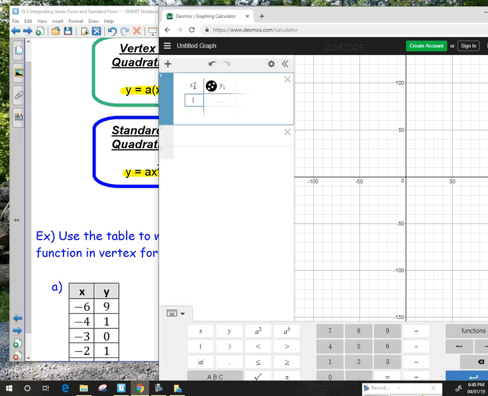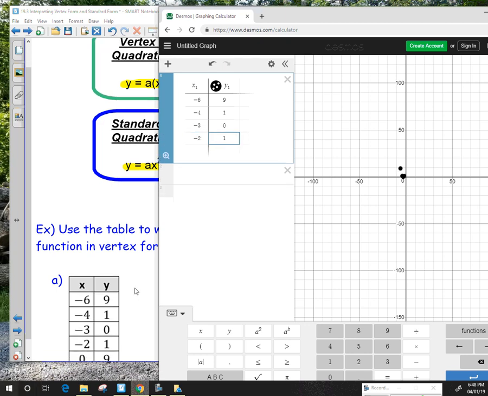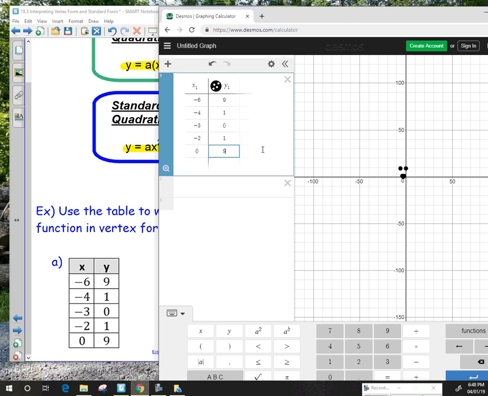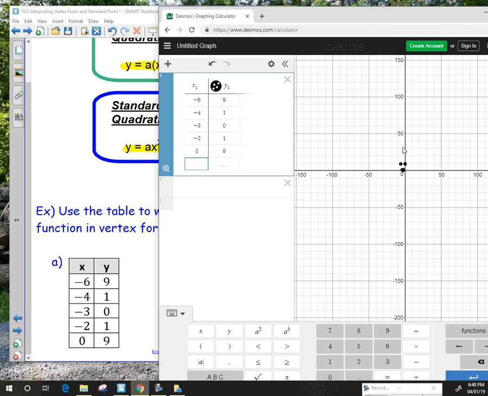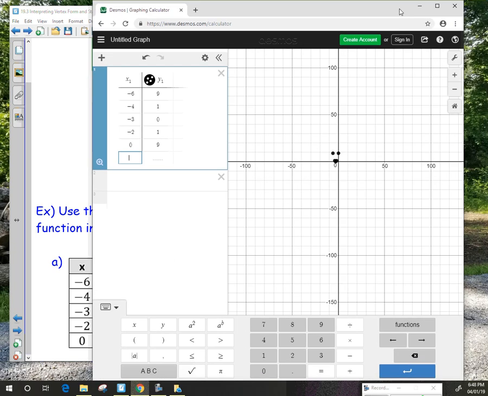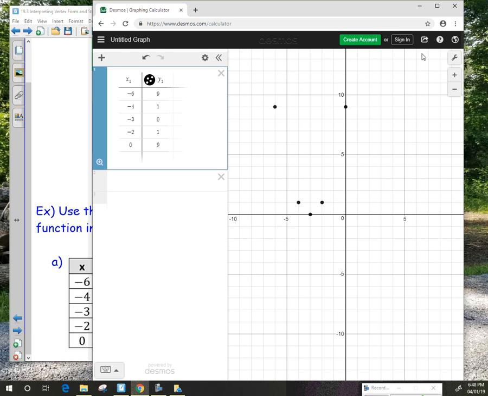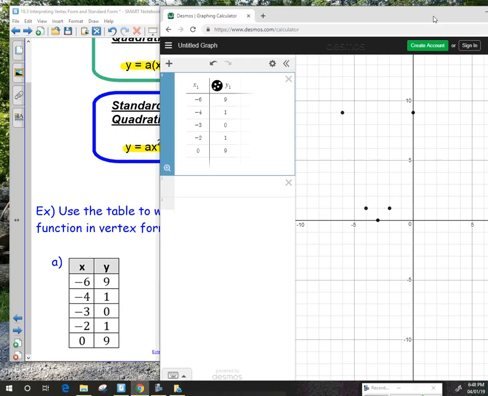So in this case, I'm going to enter my table: -6, 9; -4, 1; -3, 0; -2, 1; and 0, 9. Now I'm way zoomed out, so I'm going to go back to home, and that puts me closer so I can see my points.